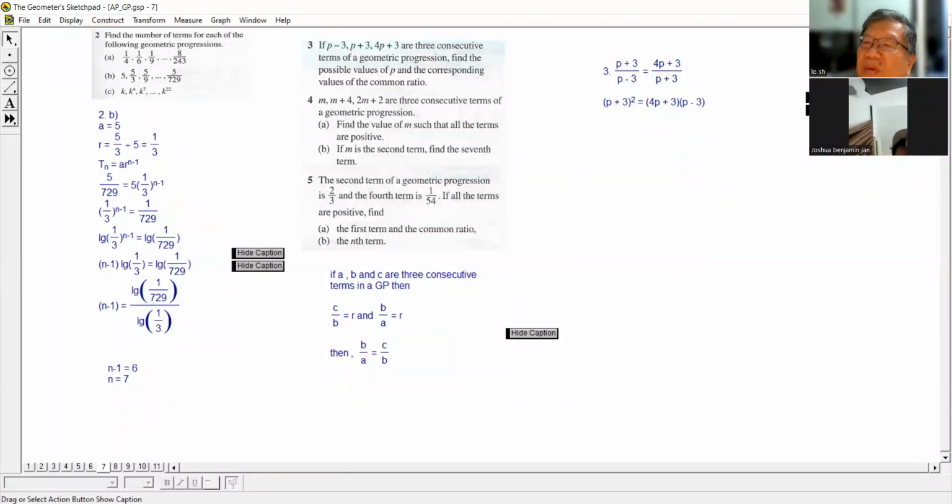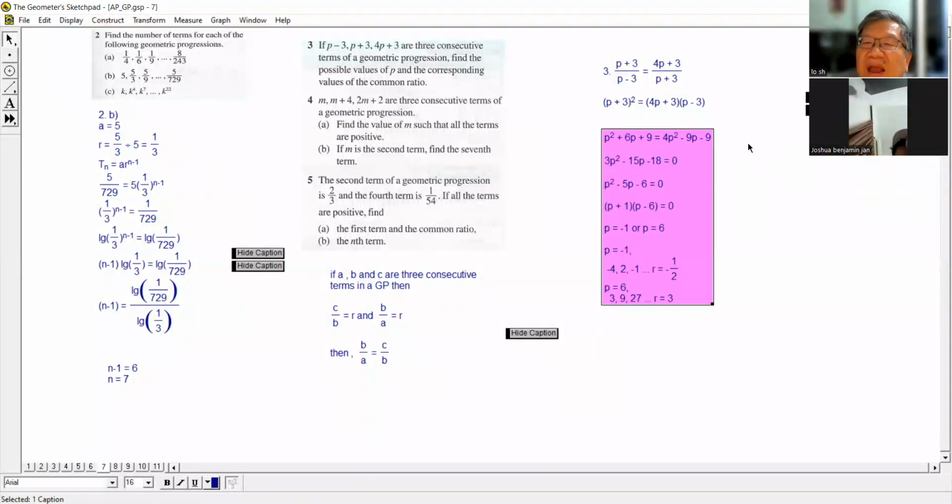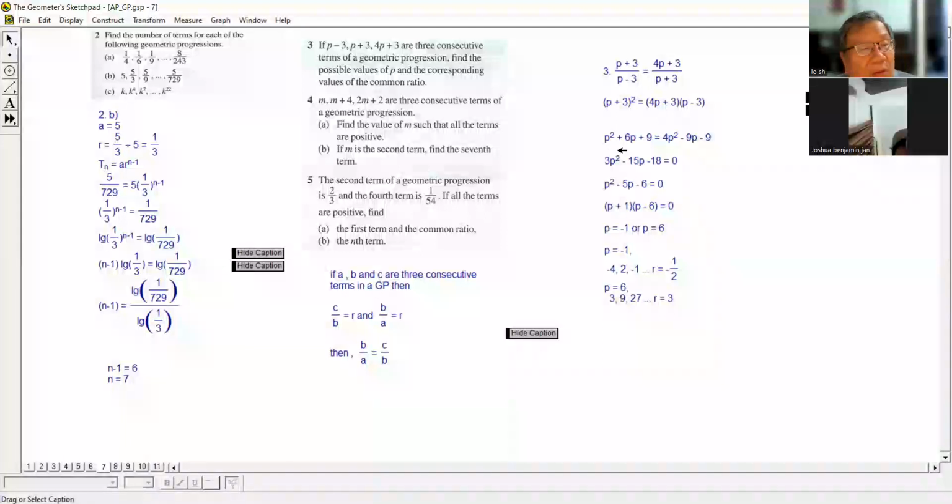Okay. Then we continue. I expand this like our binomial expansion. You remember binomial expansion? You just expand this one, this one also you expand. But this one is not a binomial expansion, you have to expand slowly one by one. After that, you move everything to one side to form a quadratic equation.